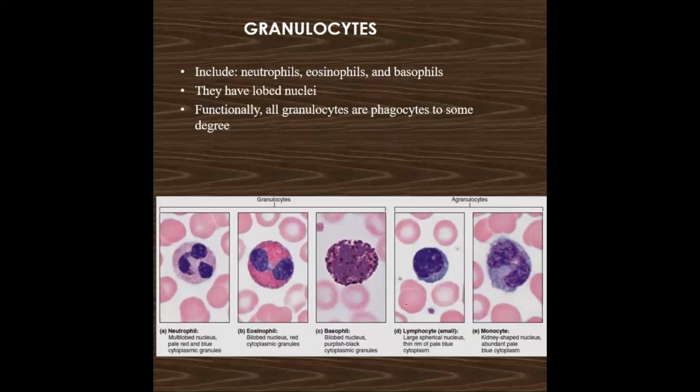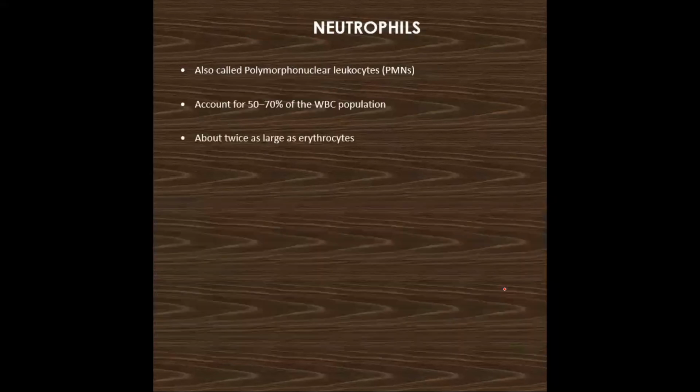Lymphocytes are relatively small in size and contain a large spherical, dark blue nucleus and a thin rim of pale blue cytoplasm, but there are no granules. In monocytes, the nucleus is kidney shaped and abundant pale blue cytoplasm is present here.